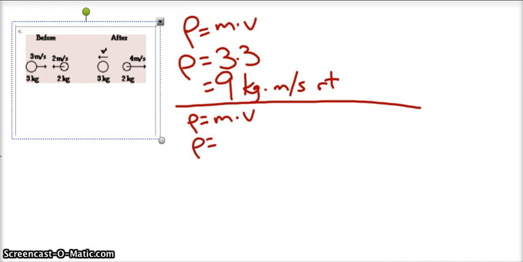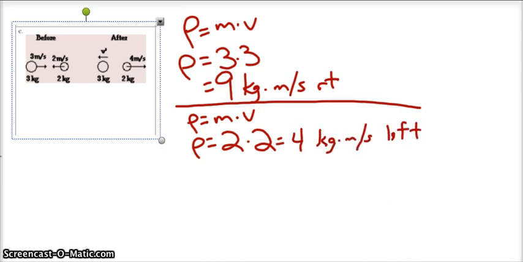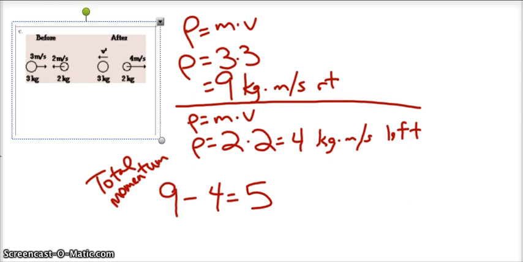So P in this case is going to be 2 times 2, and that gives you 4 kilograms times meters per second to the left. Since they are not going in the same direction, you now have to subtract instead of add to find your total momentum before the collision. So it would be 9 minus 4, which gives you 5 kilograms times meters per second, and since 9 was the bigger one, that's the direction you go to.